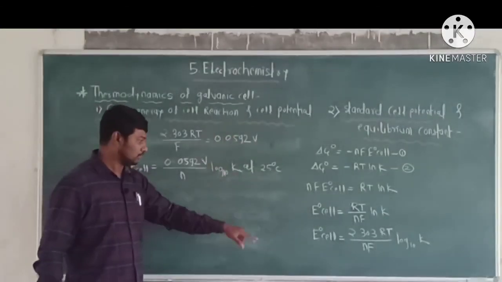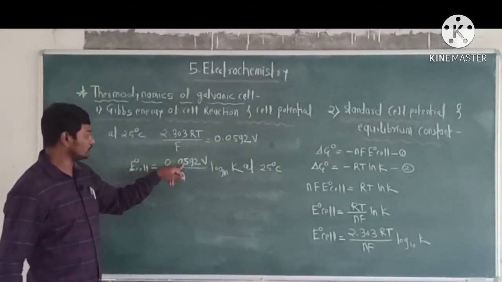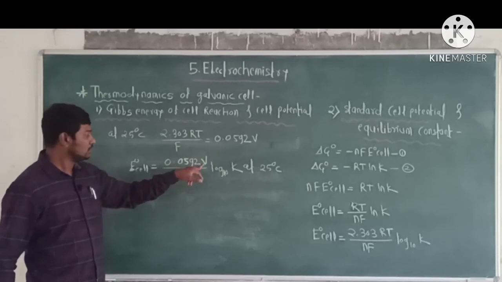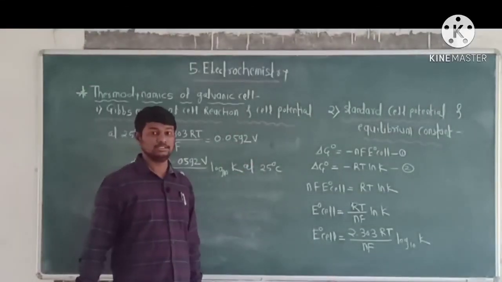Therefore E0 cell is equal to 0.0592 volt upon n into log to the base 10 K at 25 degree Celsius.